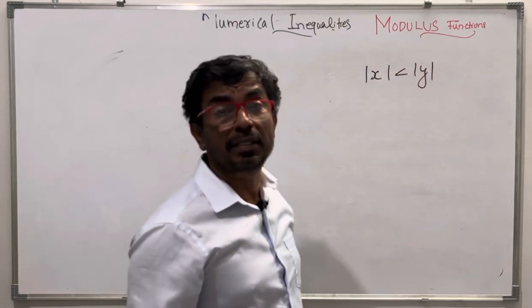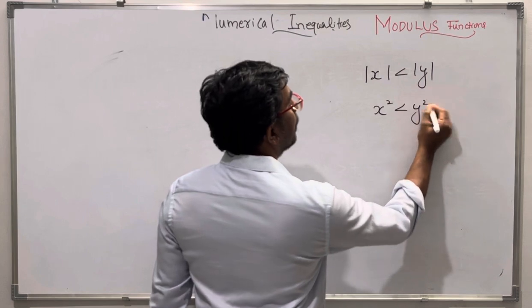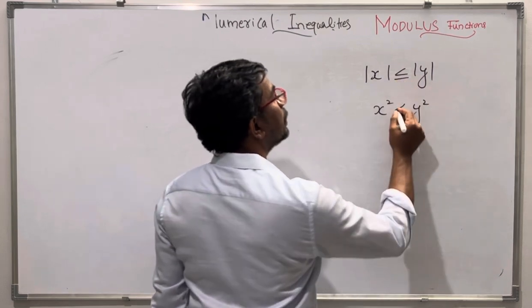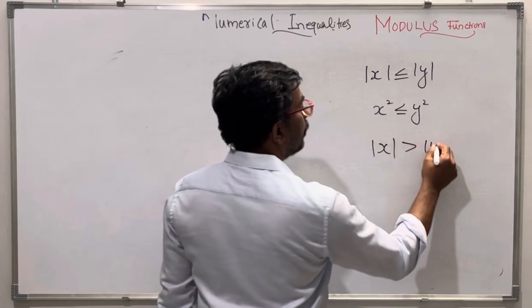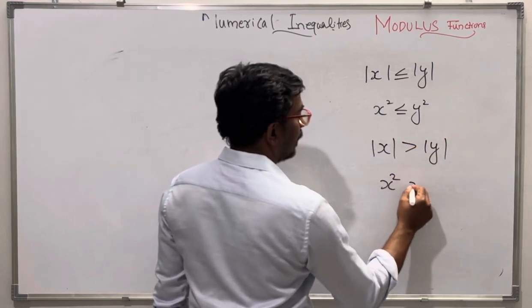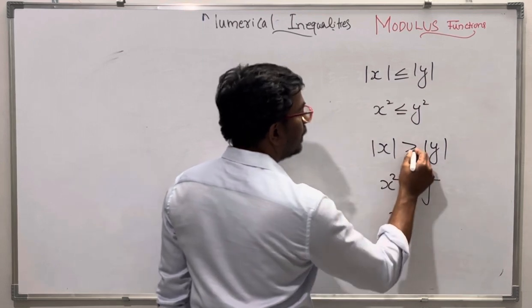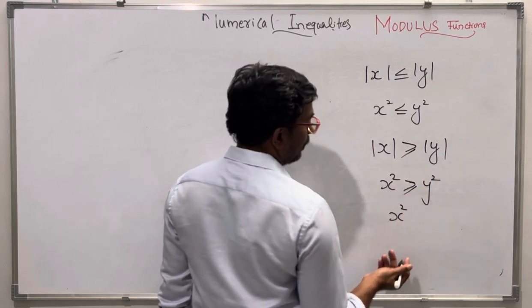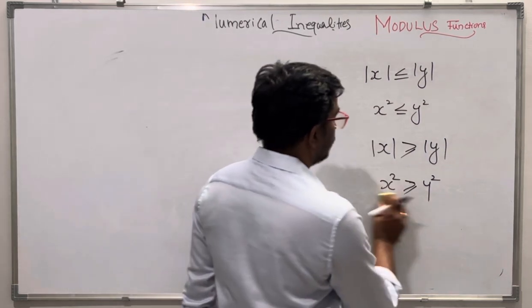The inequality doesn't change. You can write it as x square less than y square. If there is an equal sign also, you do the same thing. If mod x is greater than mod y, you can write x square greater than y square. If an equal sign is there, you can write that also. So this idea also you should remember.